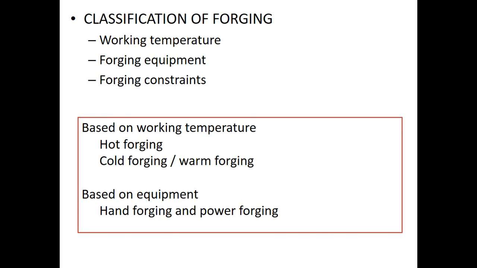Based on the forging equipment, if you are doing it by hand, you call it hand forging, and with the help of machinery, you call it power forging. Hand forging, which you have done during your blacksmithy operation, is manual forging.